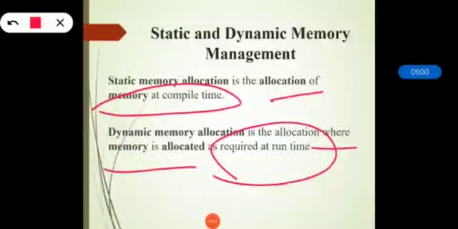We can allocate the memory at runtime and obtain the pointer to the allocated memory, which is done by the malloc function.